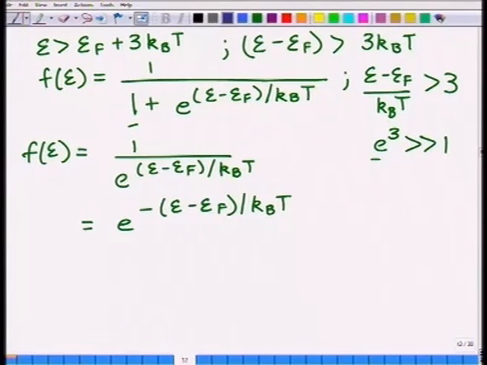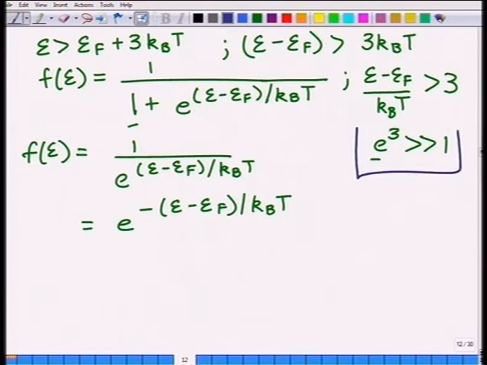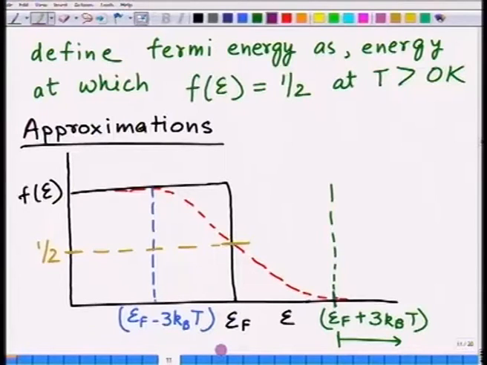So what is the significance of 3 kBT? That you can make this approximation. If you think that e cubed is much greater than 1, then take 3 kBT. If you are satisfied by e to the power 1, which is 2.7, as being much greater than 1, then instead of 3 you can take 1.